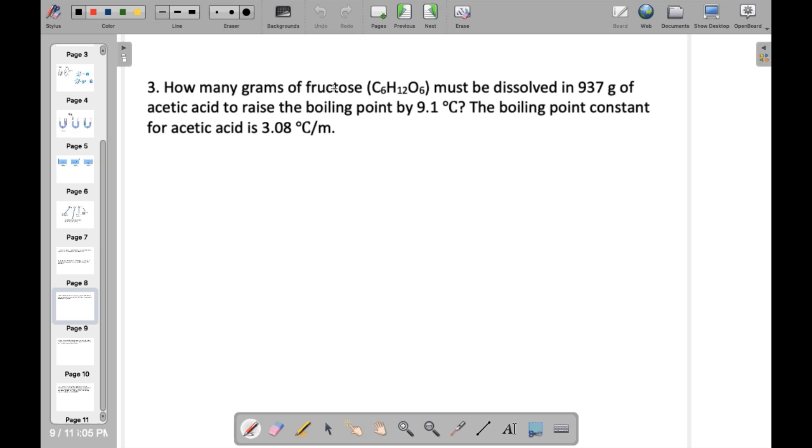How many grams of fructose must be dissolved in 937 grams of acetic acid to raise the boiling point by 9.1 degrees Celsius? So this is obviously the solute, and this acid is the solvent. They give us the boiling point constant for the solvent, acetic acid. So let's go ahead and write out our equation.